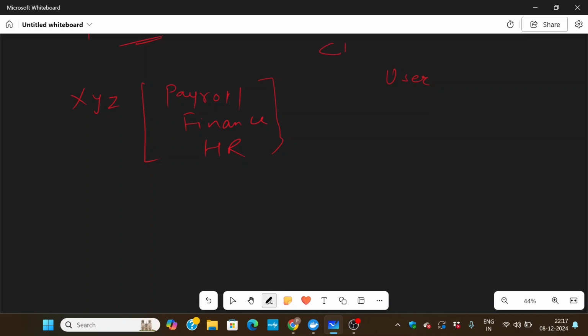If a user asks a query, based on this query, the LLM will figure out whether we have to go for a payroll department query, a finance department query, or an HR query. So this is what AI agents look like.